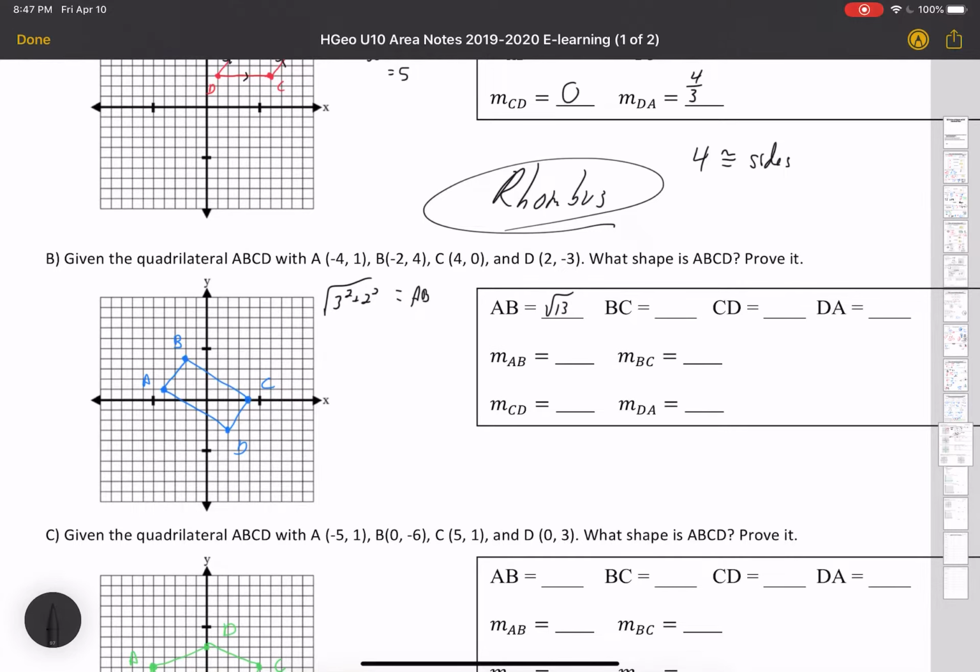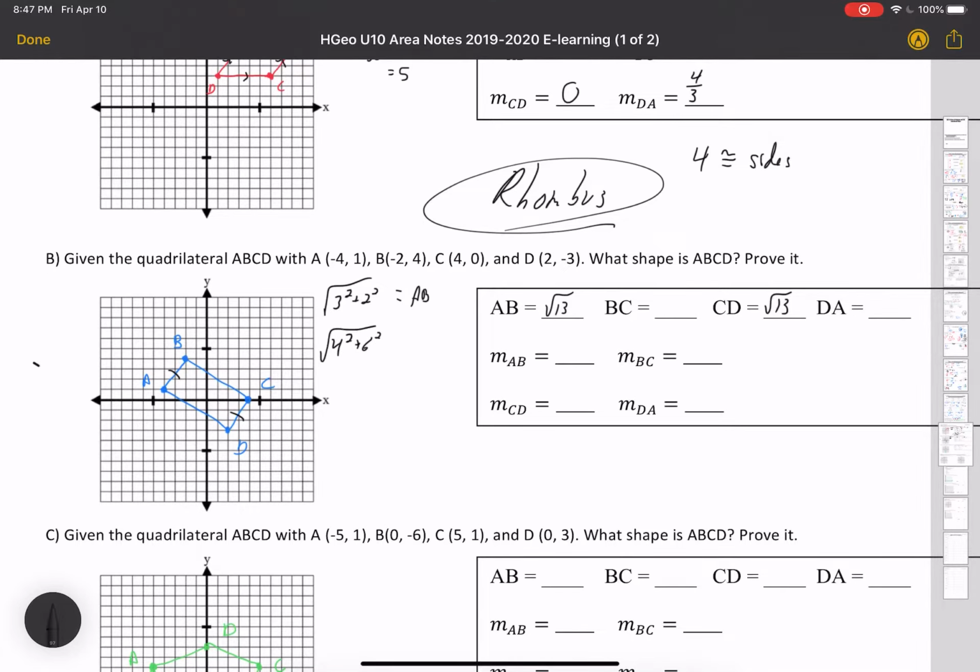You'll notice CD is the same, 1, 2, 3, 1, 2. So CD is going to be square root of 13. So we know those opposite sides are congruent. Now let's look at BC. We go down 1, 2, 3, 4, to the right 1, 2, 3, 4, 5, 6.